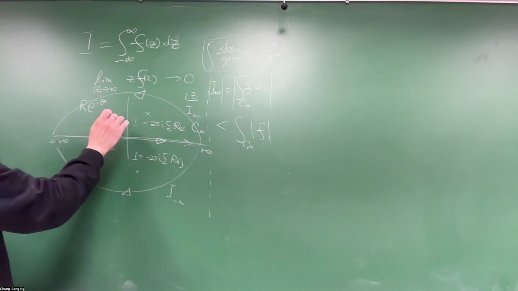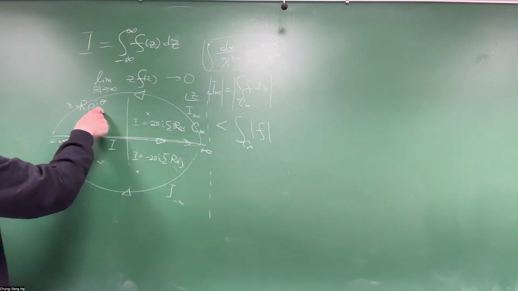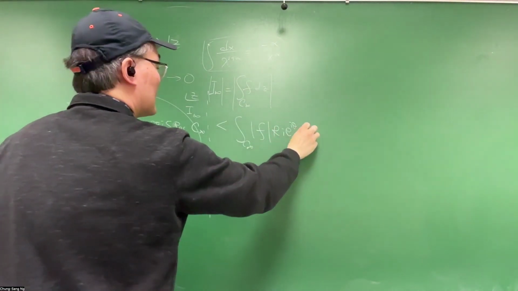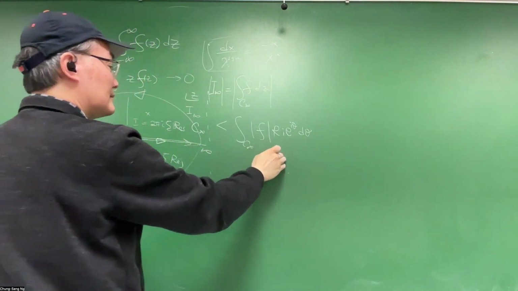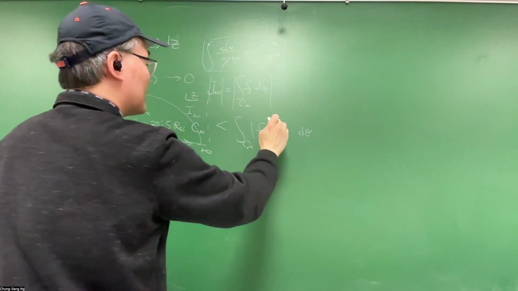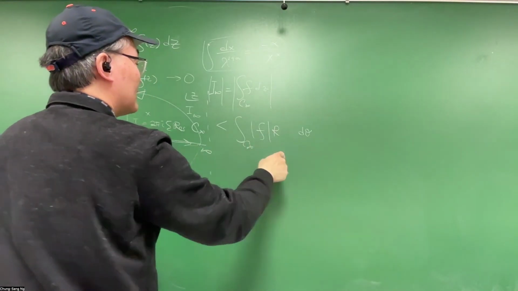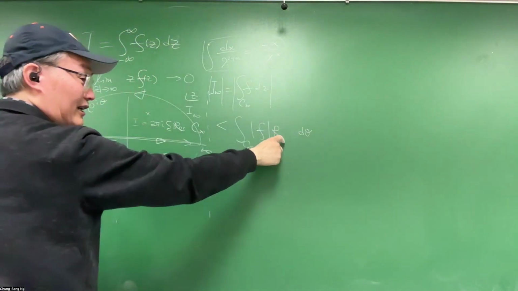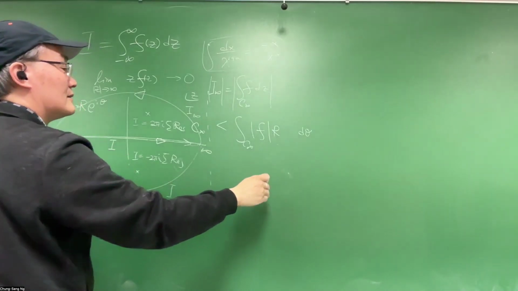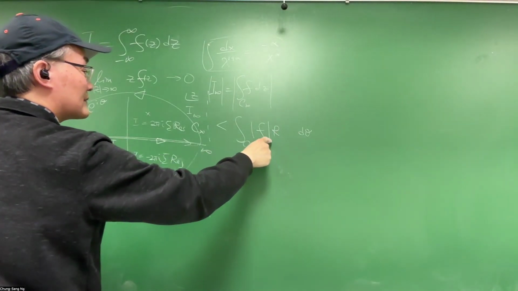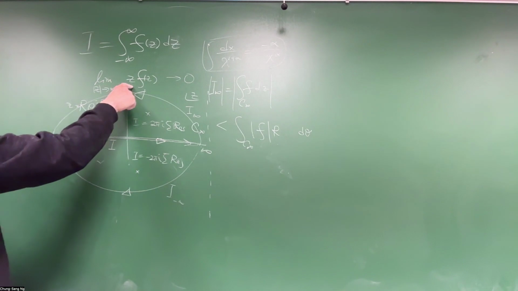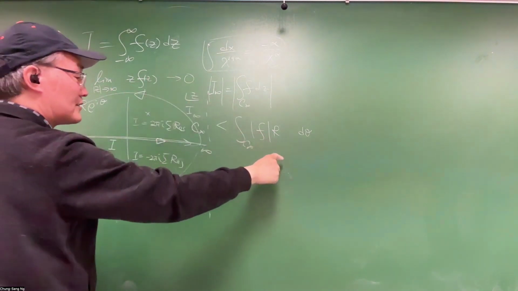So dz is R i e^{i theta} d theta. The e^{i theta} is of magnitude unity, so you put it inside, and by this argument, it's just the magnitude of z times f, which tends to 0.